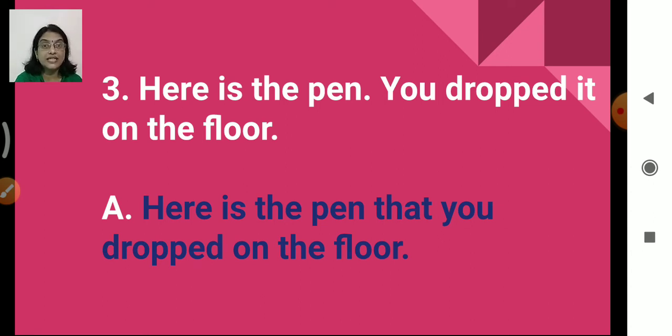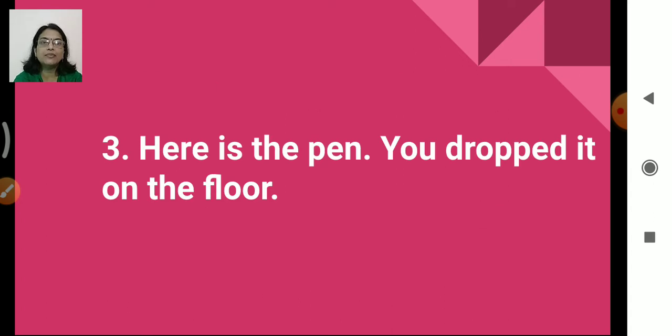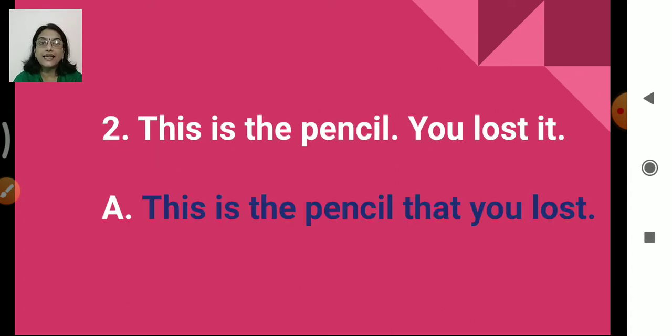We have removed it here, right? We have used that. It is the same way we are using that here. So we cannot take it and that together. So here is the pen that you dropped on the floor. So we have removed it from the sentence. Followed? Remember, here also the same thing we did in the second one. This is the pencil that you lost. Again, here what is done?